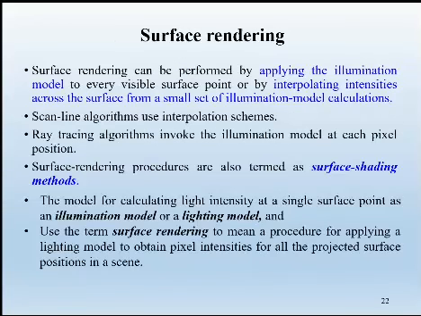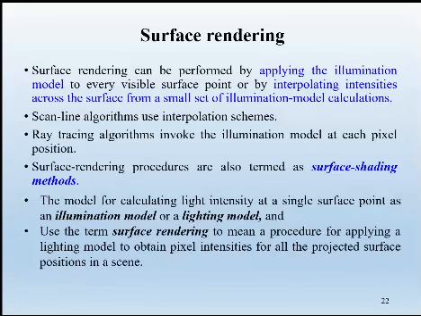Now, what is surface rendering? Surface rendering can be performed by applying the illumination model to every visible surface point, or by interpolating intensities across the surface from a small set of illumination model calculations.